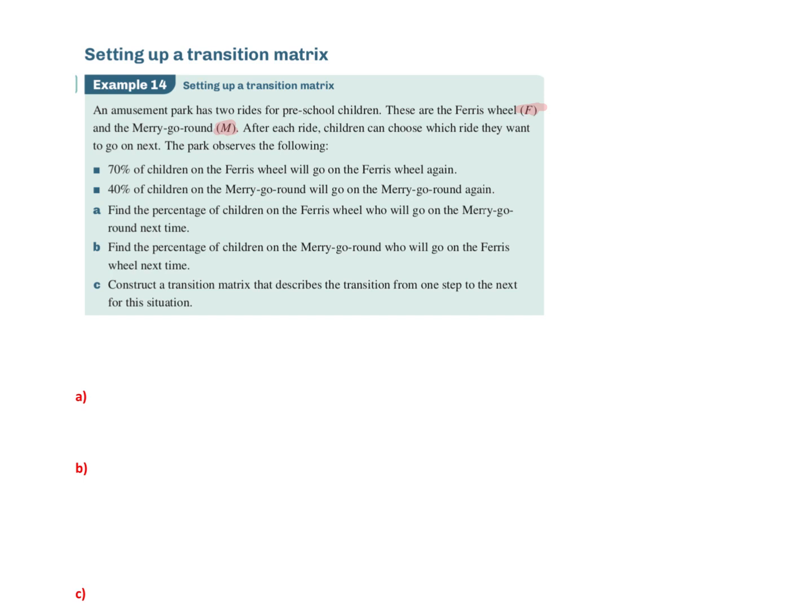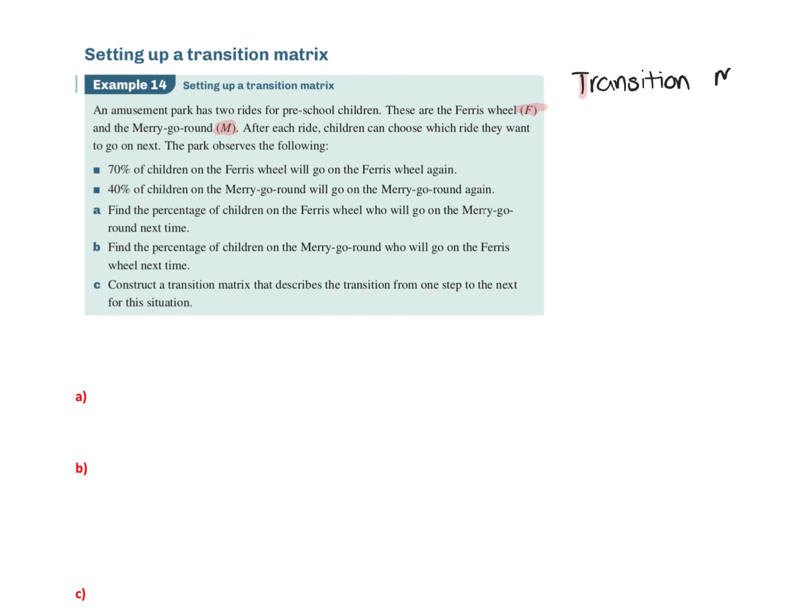Find the percentage of children on the Ferris wheel who will go to the merry-go-round next time. When you have this, it's probably best we set up a transition matrix. So let's set this up over here on the side as a transition matrix.